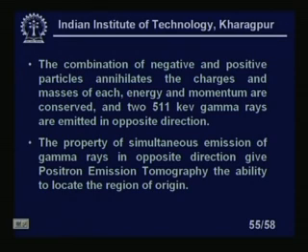The property of the simultaneous emission of gamma rays in opposite directions gives positron emission tomography the ability to locate the region of origin, right. So, that is necessary, you must know the origin.